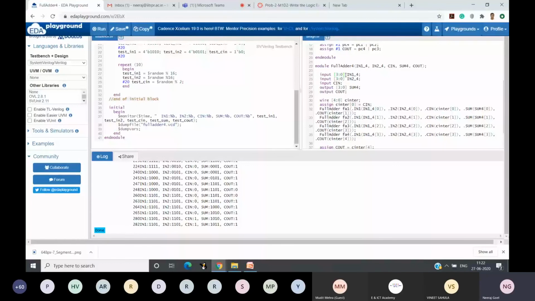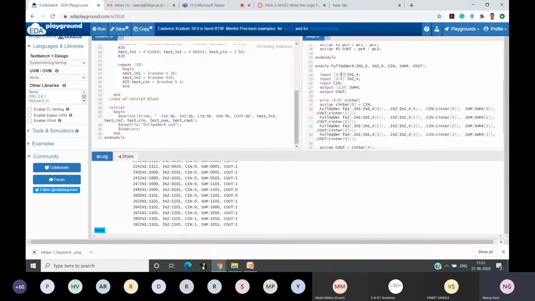So we are creating a combination of 4, and whenever we write 3:0, it means that your rightmost bit would be addressed by 0 and your leftmost bit would be addressed by 3. Okay, so this is how 3:0 works.